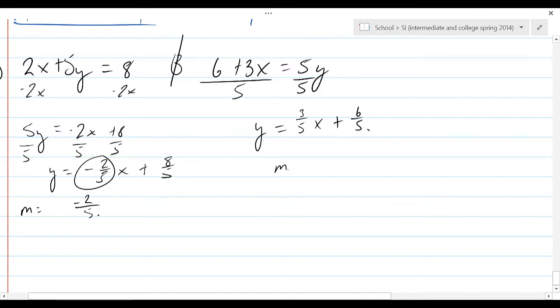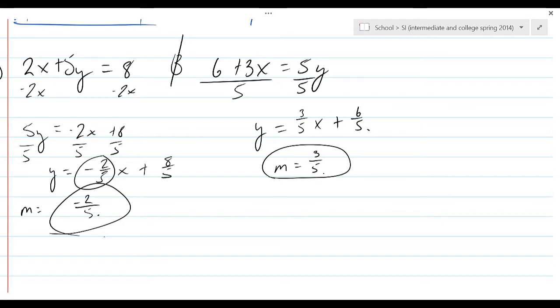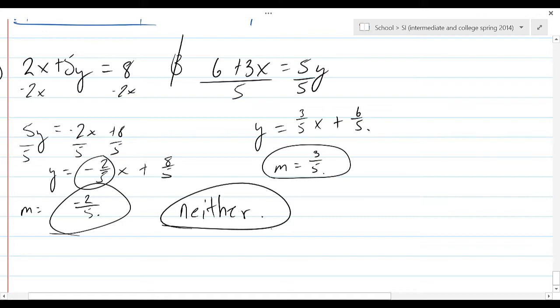So my slope is 3 over 5. Are they the same? No. Are they opposite? Yes, they're opposite signs. Are they reciprocals? No. So, they're neither. It's all or nothing. Beautiful.